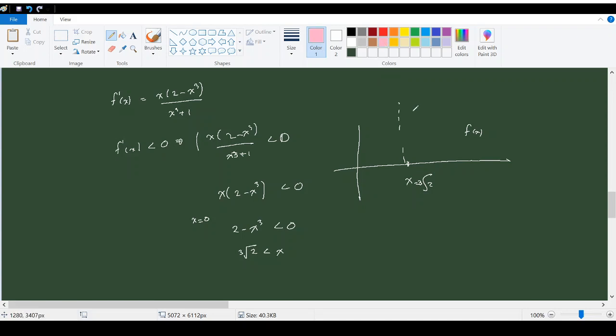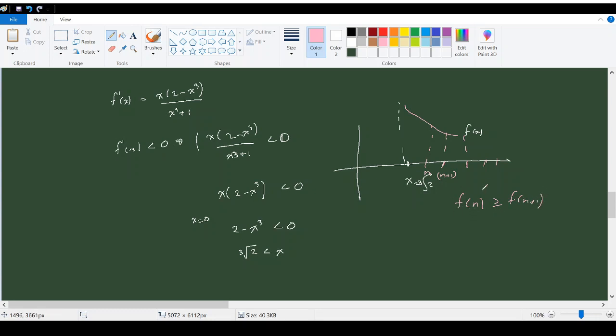In other words, the function should decrease, right? So it will be a decreasing function. That means for all these integer values also, that decreasing property will hold true. So for a number n, and for a number n plus 1, since the function decreases, we will have this relationship, right?